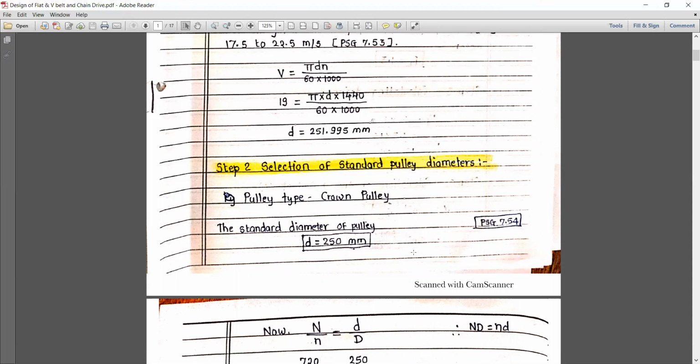Now we have to select a standard pulley diameter referring to page number 7.54, where we generally refer to the crown type of pulley. Why are we using the crown type?